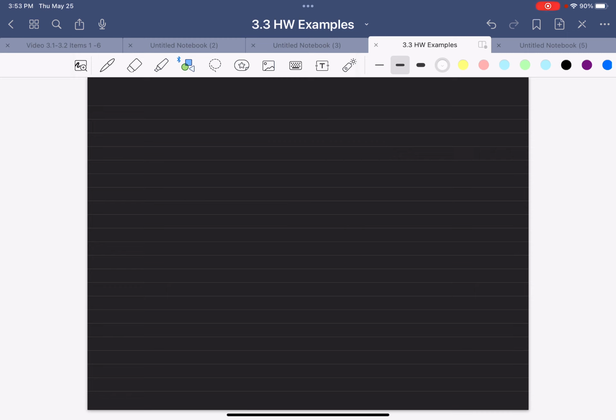Okay, so number 7, that was number 6, says we have s of t, and it's 5t squared, subtract 5t, subtract 9.